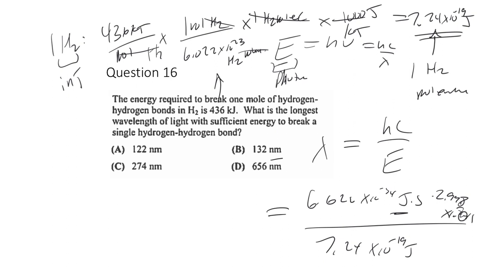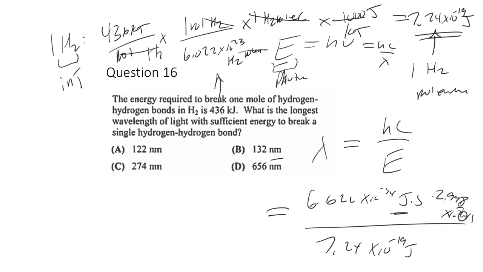So 6.626 times 10 to the minus 34 times 2.998 times 10 to the 8, and then divide by the answer previously.